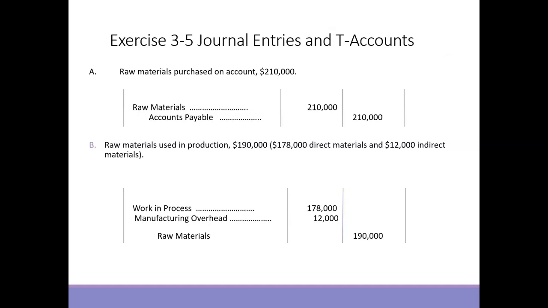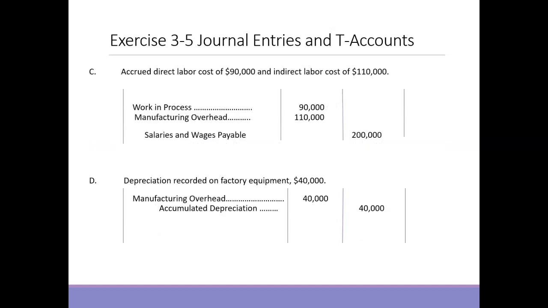Next, accrued direct labor cost of $90,000 and indirect labor cost of $110,000. Remember, if they're direct, they go into work in process. If they're indirect, they go into manufacturing overhead. Then we have depreciation recorded on factory equipment.